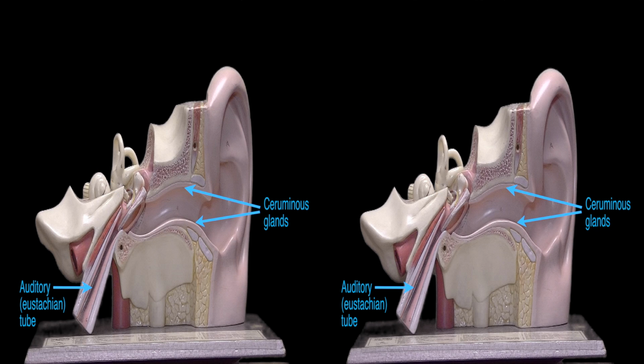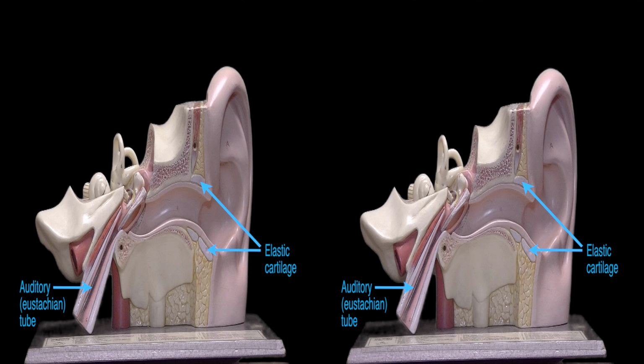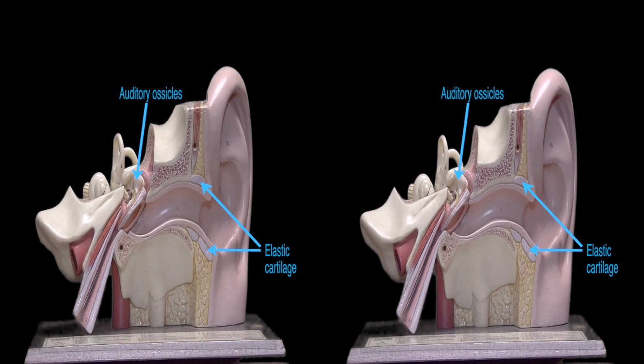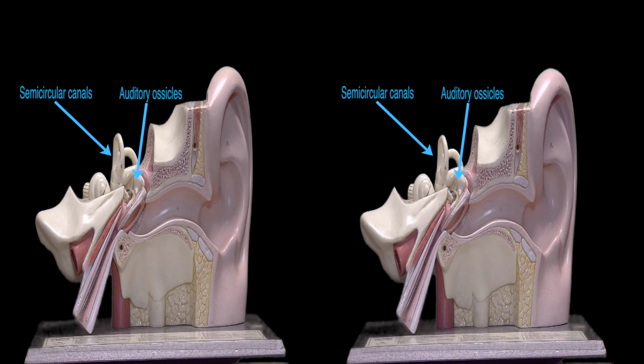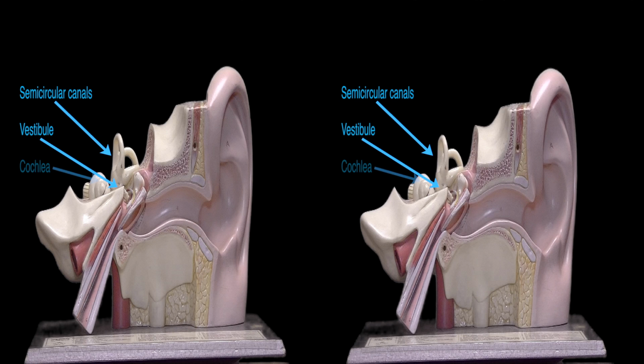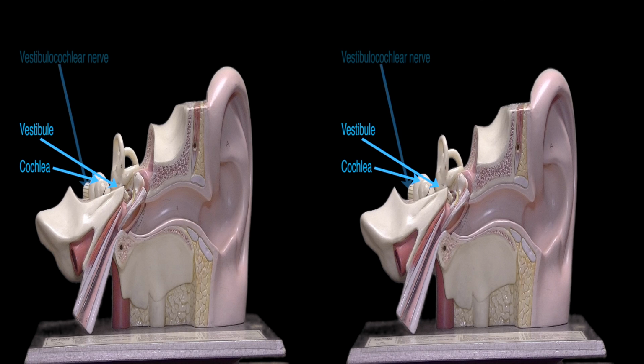Auditory tube. Elastic cartilage. Auditory ossicles. Semicircular canals. Vestibule. Cochlea. Vestibulocochlear nerve.